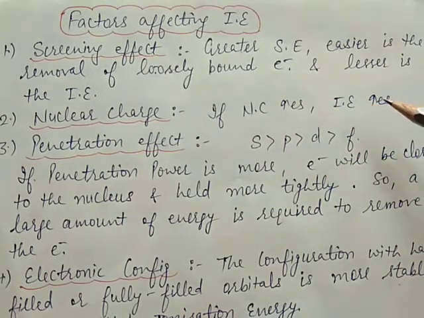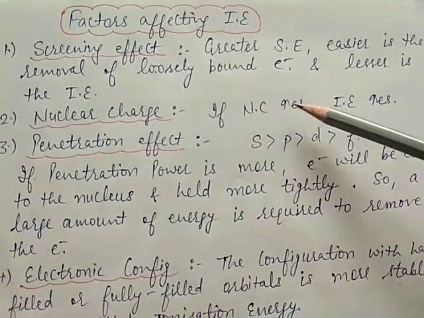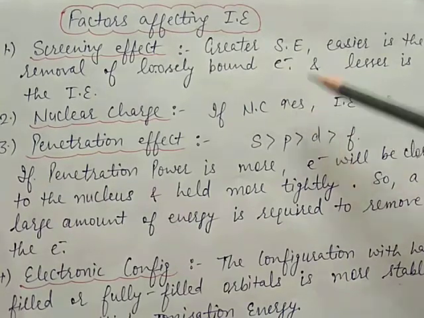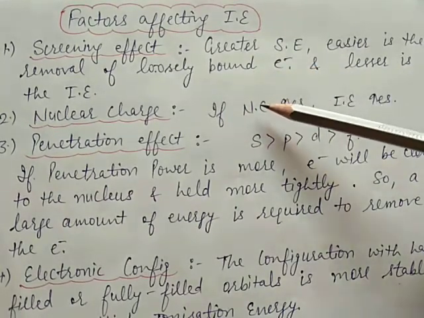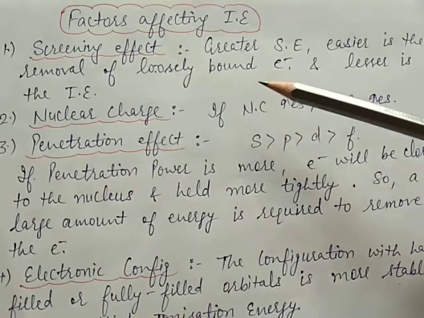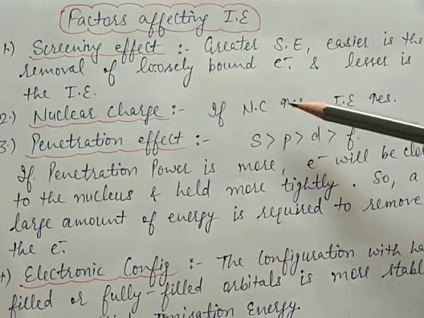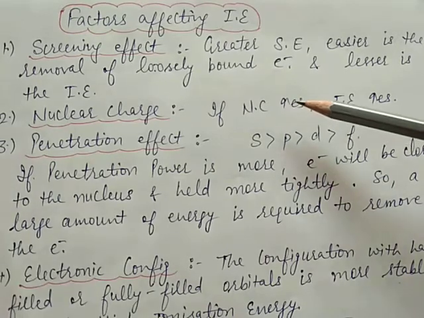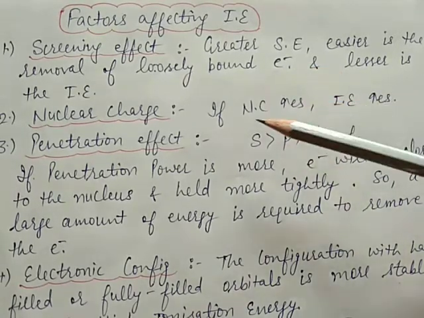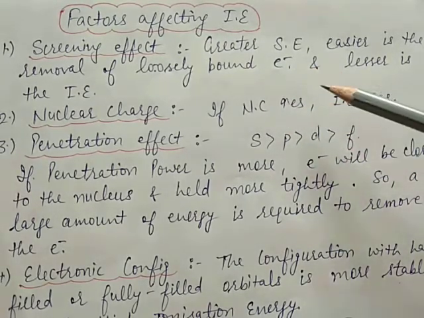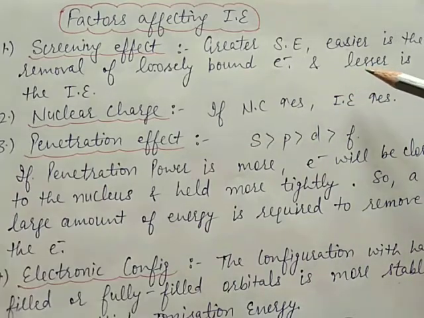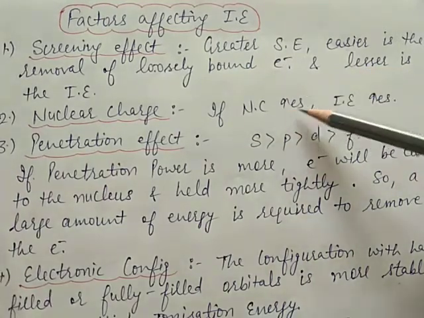If ionization energy increases, nuclear charge also increases, because a nucleus with greater nuclear charge binds the electrons more tightly, and a large amount of energy is required to remove the electrons from the atom. So across a period, ionization enthalpy increases due to the increase in nuclear charge.